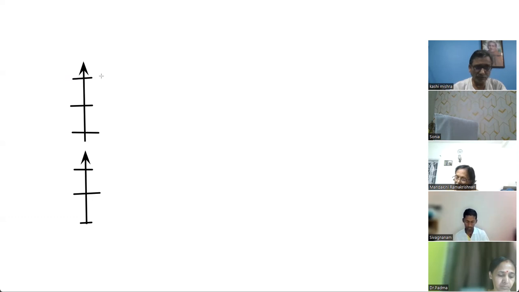Then in the opposite flow of the same, what will happen? So let us make 2 columns.